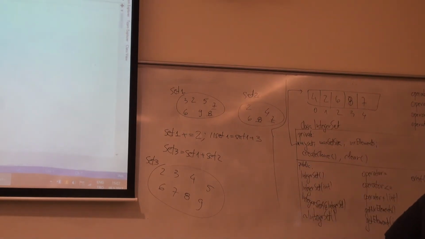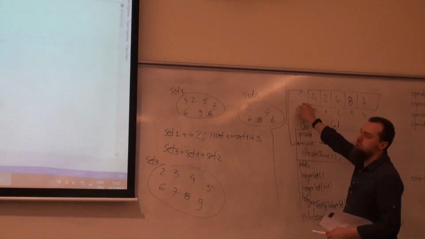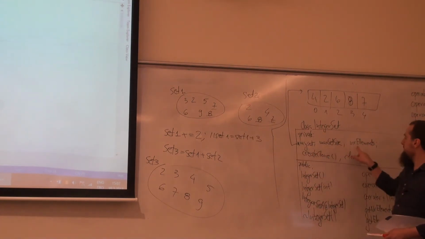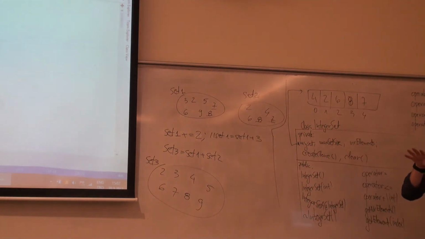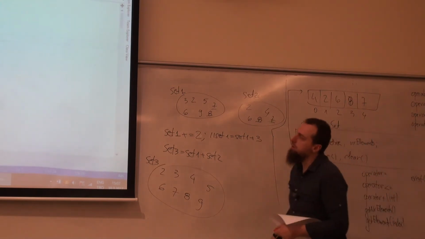Namely, when I declare a variable of IntegerSet class, I make this pointer point to null. Maximum set size is 0, and the current number of elements is 0. This is the constructor. It's straightforward.